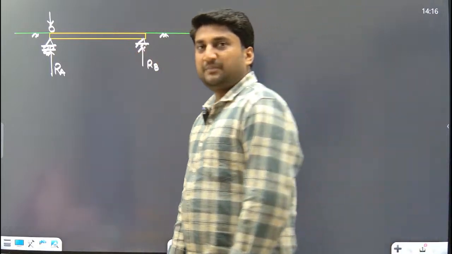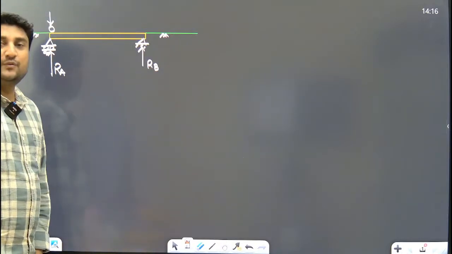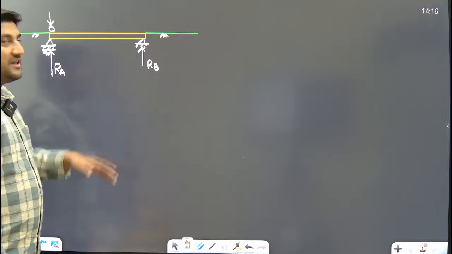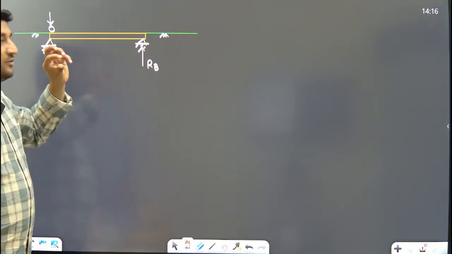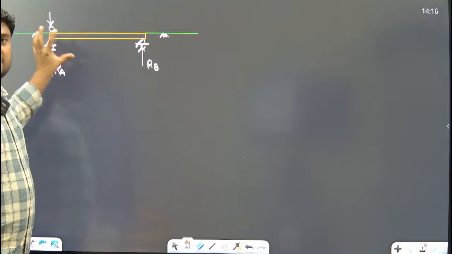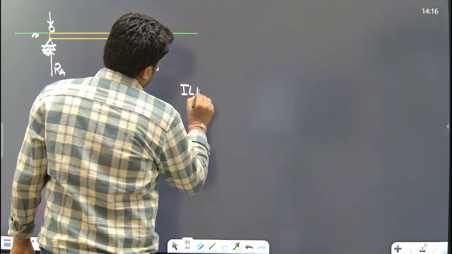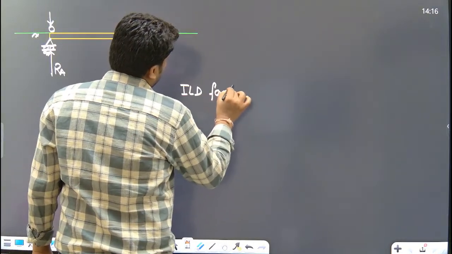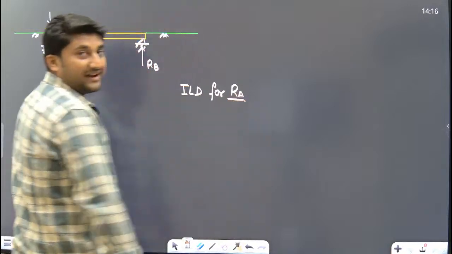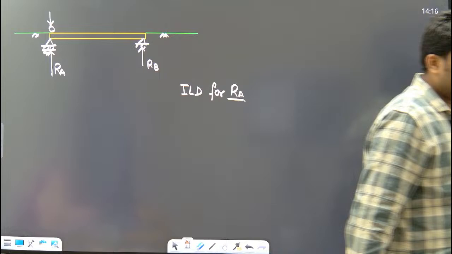Do you remember in the previous class we have seen how to draw the influence line diagram for reaction. If it is a simply supported beam, just remove the reaction, lift it by 1 unit. If I want to draw the ILD for reaction A, what is the shortcut? That is the Mueller-Breslau principle.